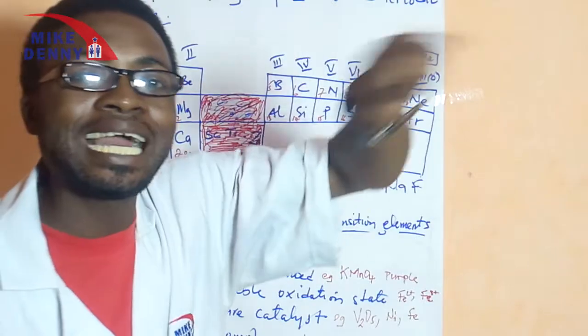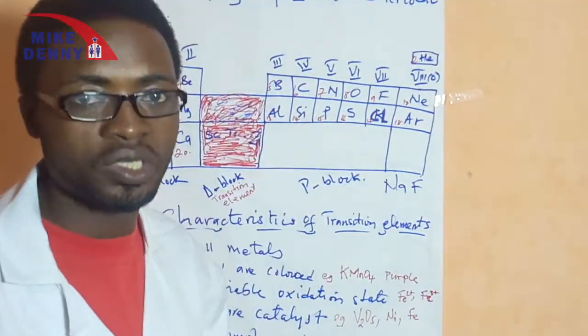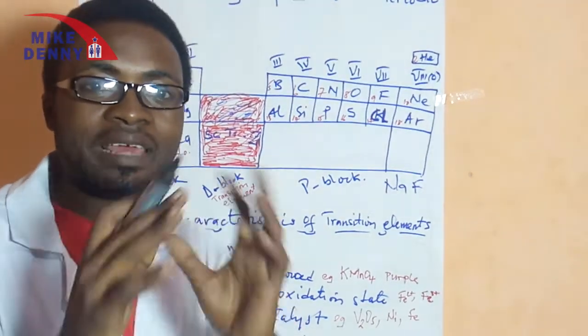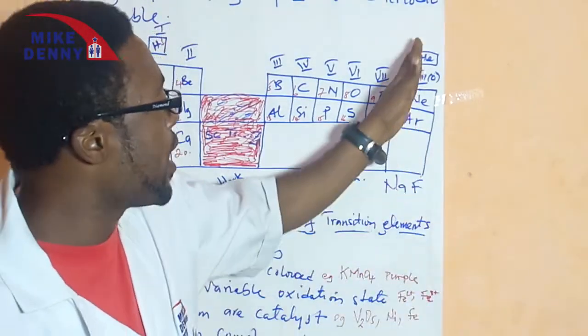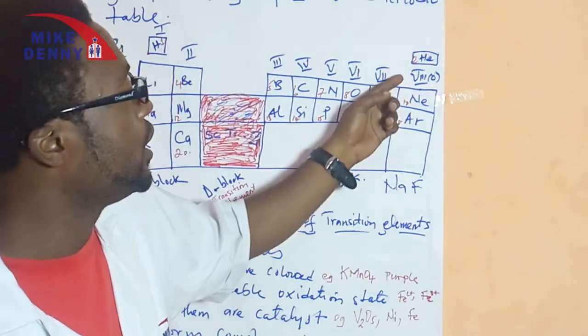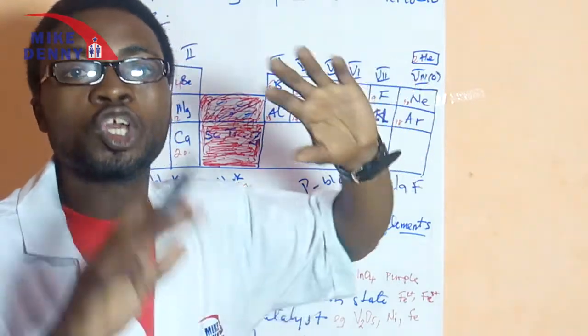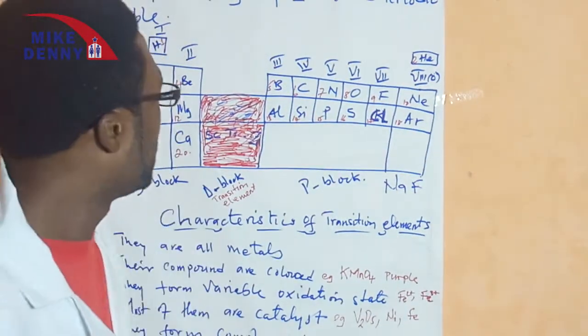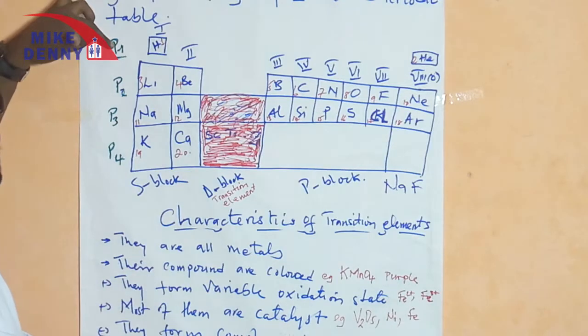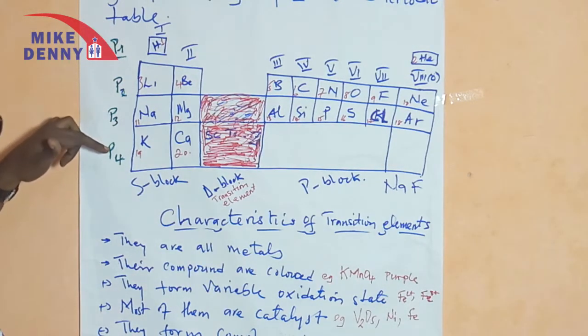When an element has 8 electrons in the outermost shell, the element does not react. The element is stable. That is why group 8 elements are stable, and we call them the noble gases or the group 0.